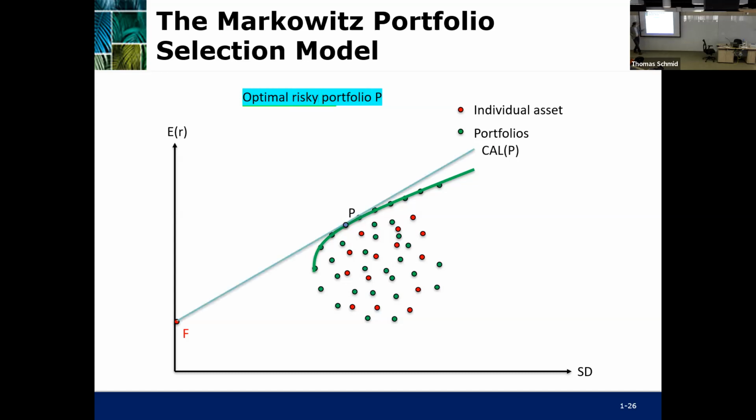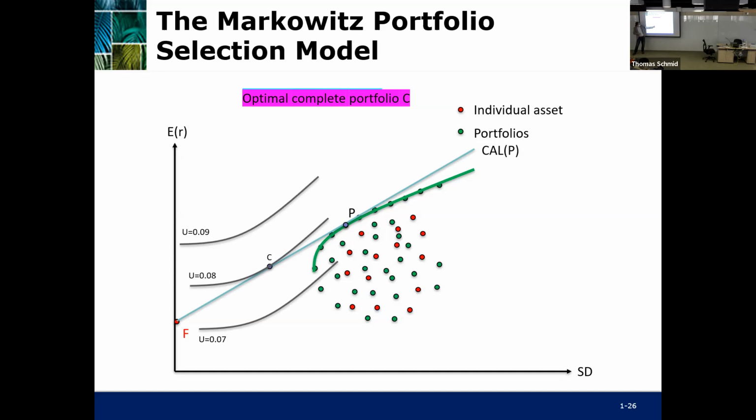And then things become very easy. We have the risk-free asset. We again find the tangency, the tangent line. We have the optimal risky portfolio P, and that's it. Done. So the optimal complete portfolio is then a portfolio somewhere on that. And you can find it graphically, you can find it analytically, however you want.